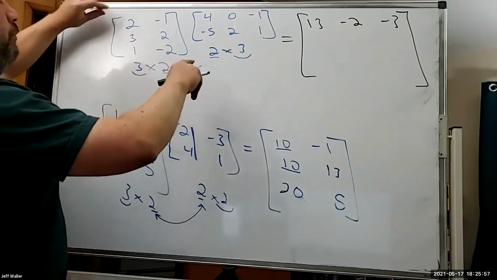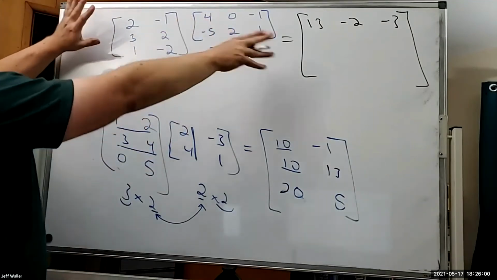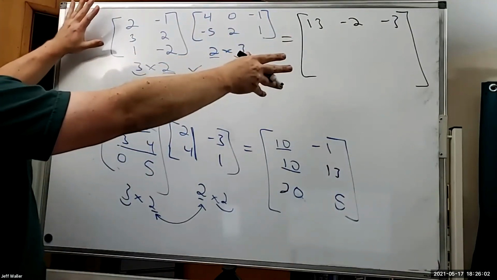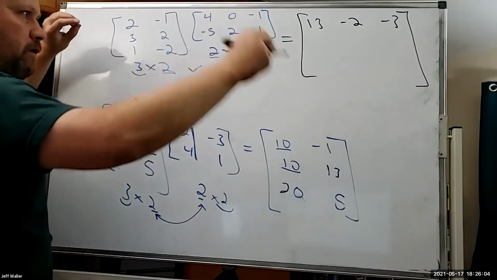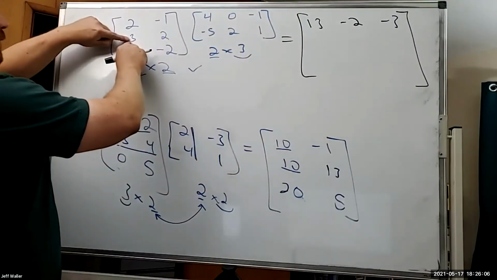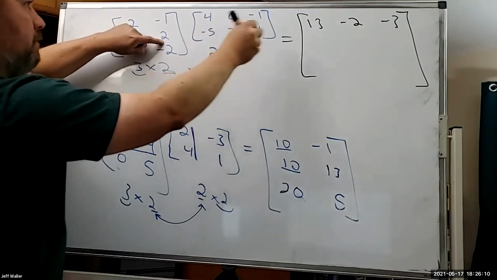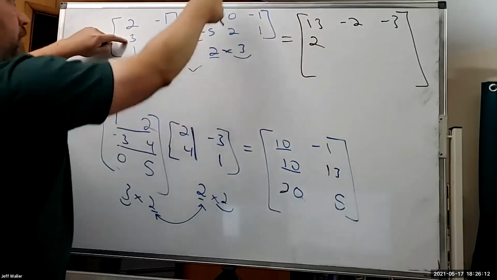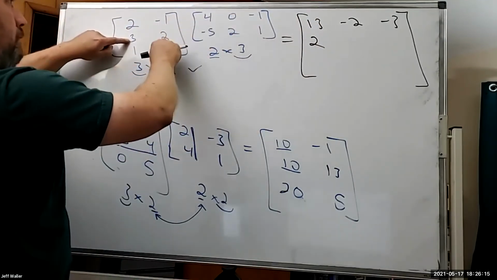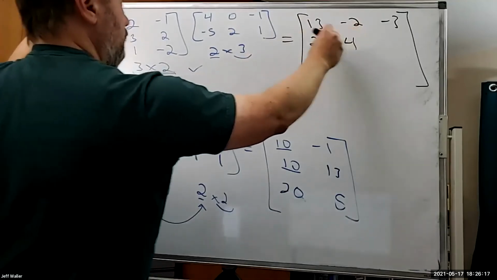So then we got, is that okay so far? You gotta let me know if this isn't making sense. It isn't hard, it's just different. So now I go this. 12 minus 10 is 2. This, 0 plus 4 is 4.